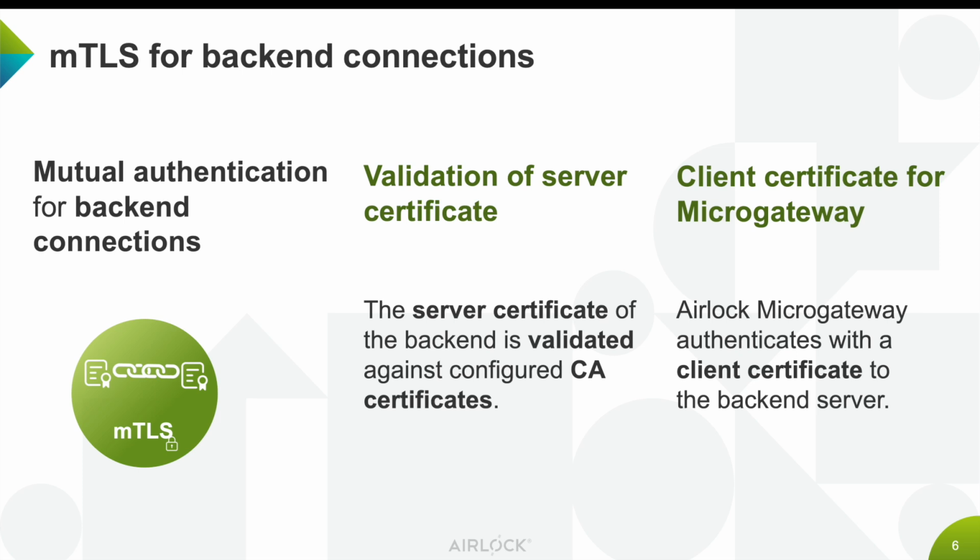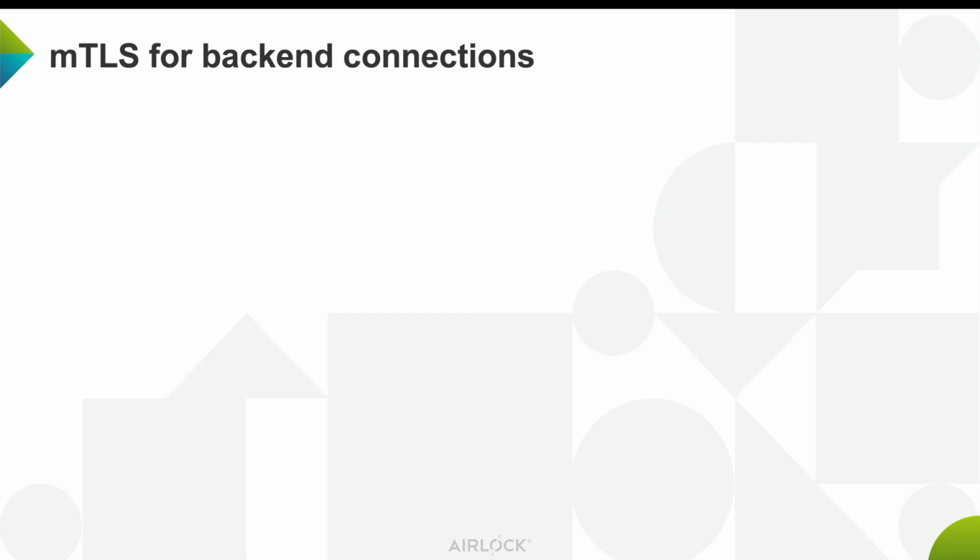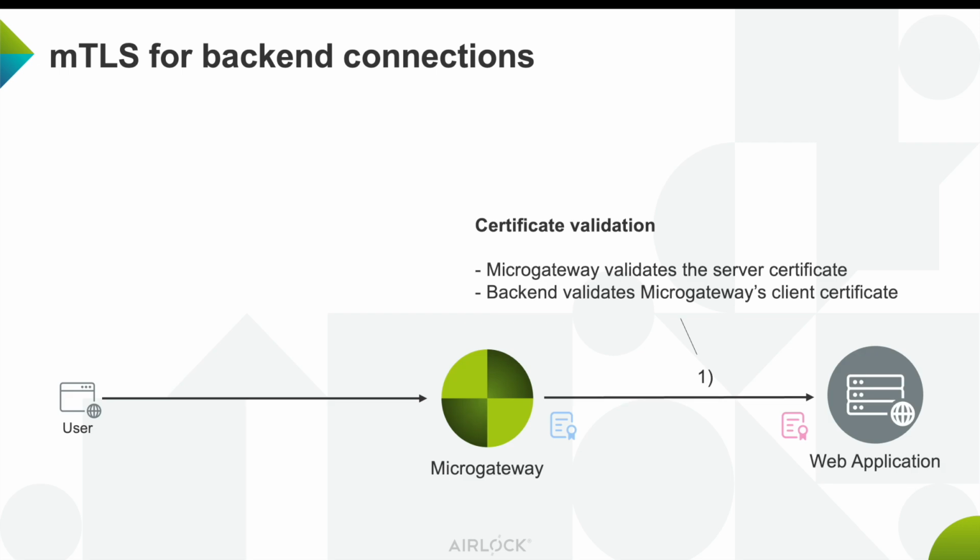This way, mTLS is in place and mitigates man-in-the-middle attacks. Microgateway establishes a backend connection and validates the server certificate. The backend server validates the client certificate of Microgateway. The user request is only forwarded to the web application after the TLS connection has been established successfully.